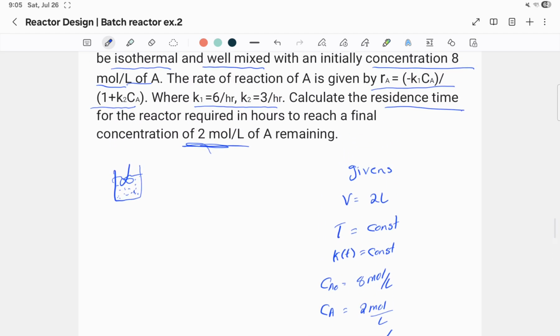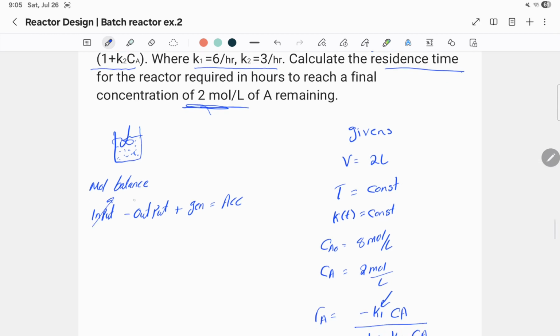Okay, so we can go ahead and start with our material balance or mole balance, which is input minus output plus generation equals accumulation.